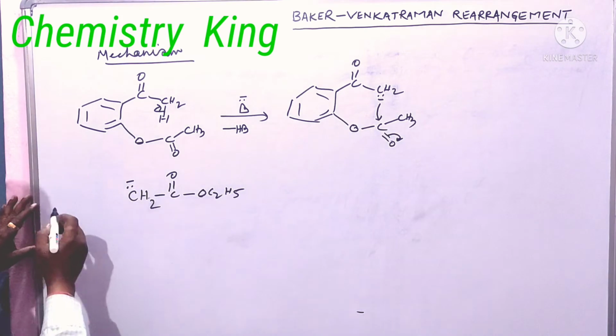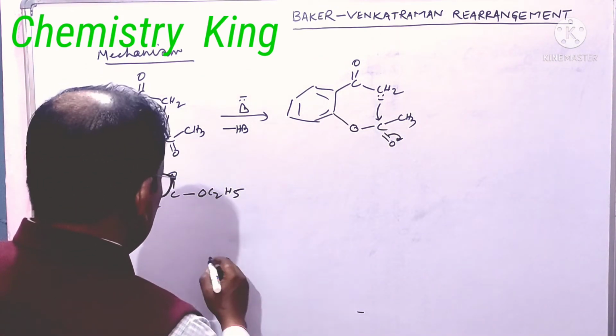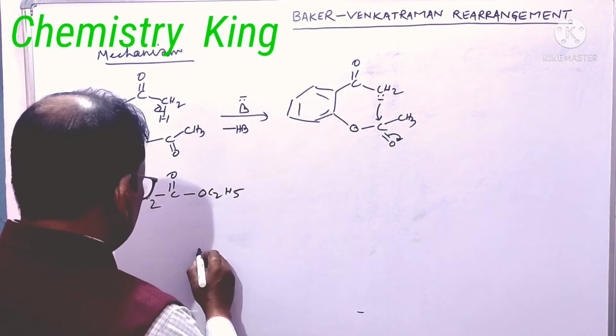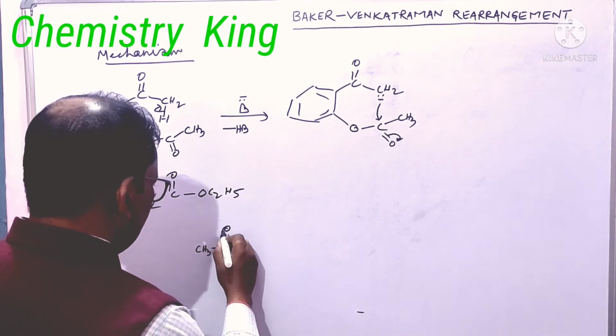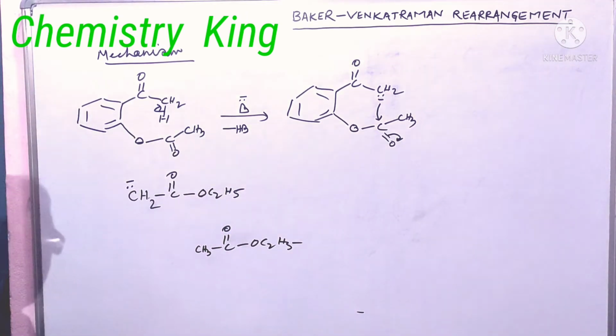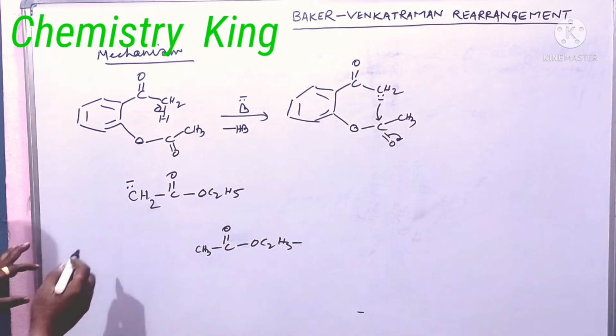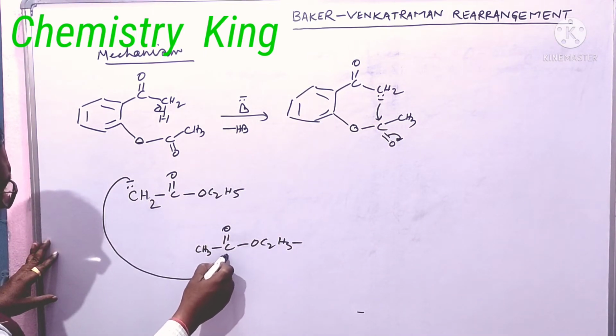Now this carbanion will attack on another molecule of CH3, C double bond O, OC2H5, the other molecule of ethyl acetate. It will attack at this carbonyl carbon.